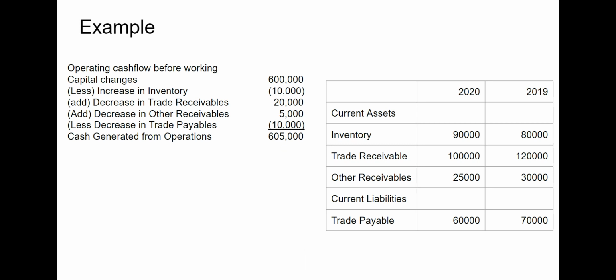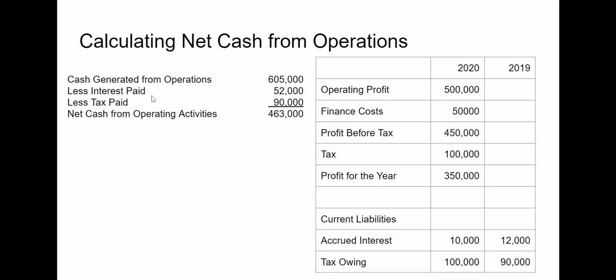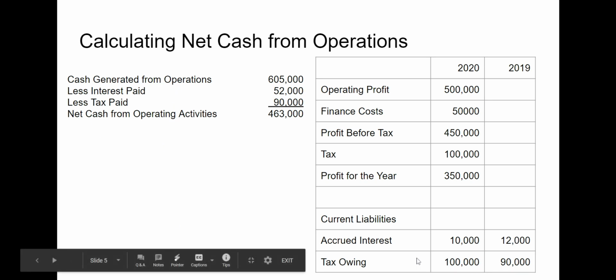Not quite done though yet with the top part. The other bit of the top part are the adjustments for both interest paid and the tax paid. So you've got your cash generated from the operations from the previous slide. I'll cover the tax paid first because that's always the easier one. The tax paid will normally be last year's tax.